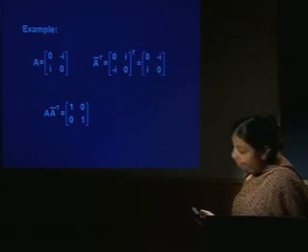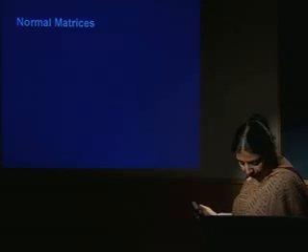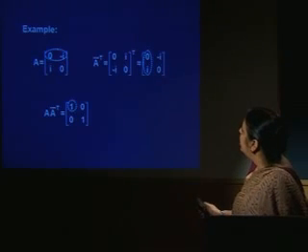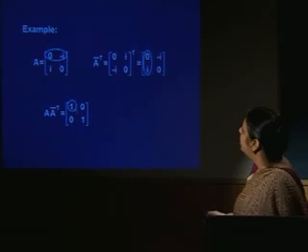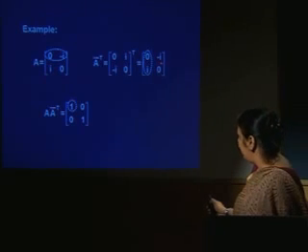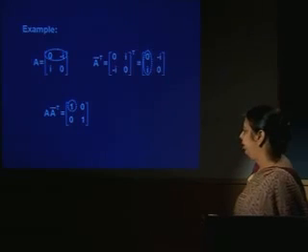If I multiply the two, A and A bar transpose, then one can check that 0 multiplied by 0 plus minus i multiplied by i is 1, and one can check the other elements also. If you multiply the first row by the second column, this is 0. You multiply the second row by the first column, this is again 0. But if you multiply the second row by the second column, i multiplied by minus i is minus i square, which is 1.